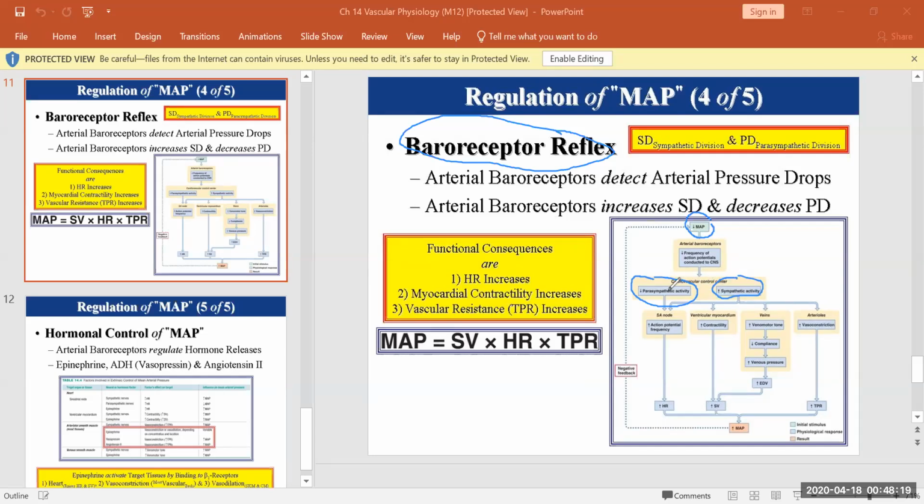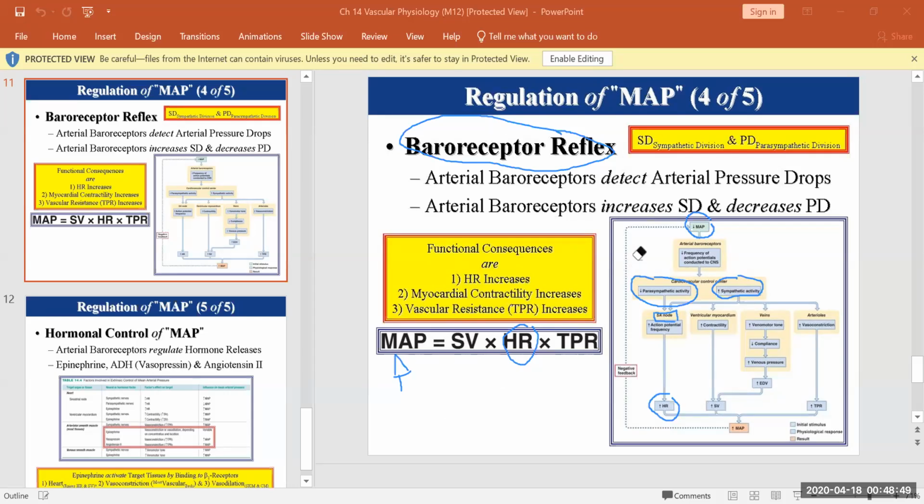So both parasympathetic and sympathetic act at the SA node here. Sympathetic in this case will win over and will cause the heart to beat faster. So HR will increase. So if you increase HR, what's going to happen? MAP will increase. Okay.